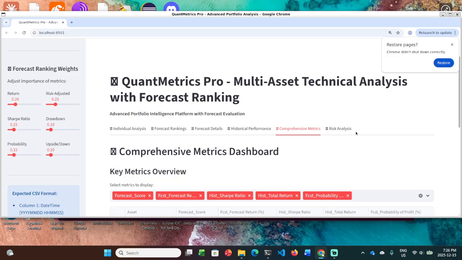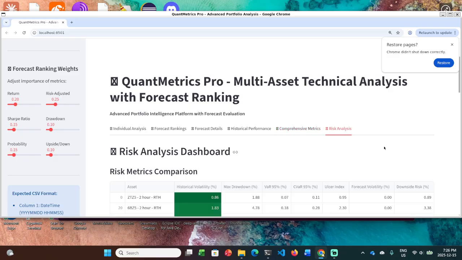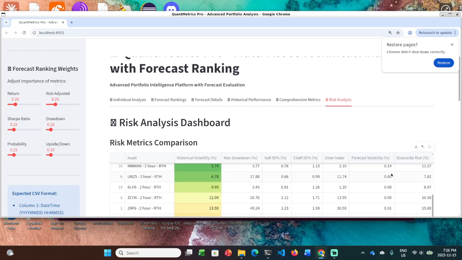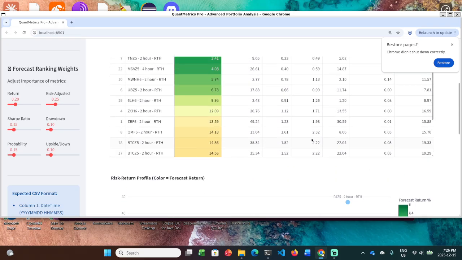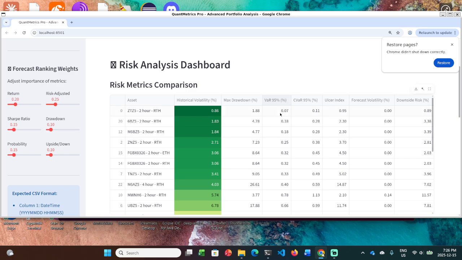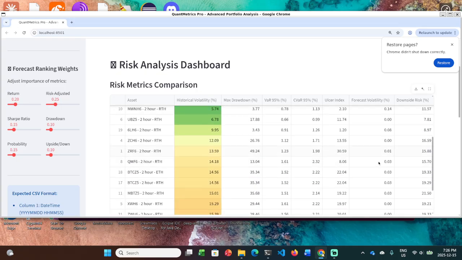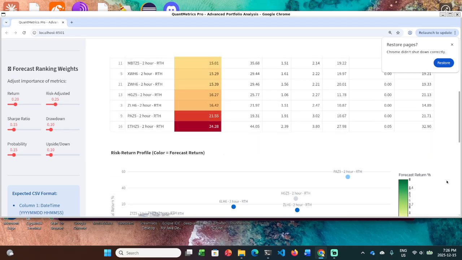It's not very strong, doesn't look great. And then you also have the risk analytics as well. So it's going to factor in all the popular metrics again, conditional value at risk, and these other ones I don't know, Ulcer, downside risk as well, and then the forecasted volatility, which you really can't measure at all on a forecast.